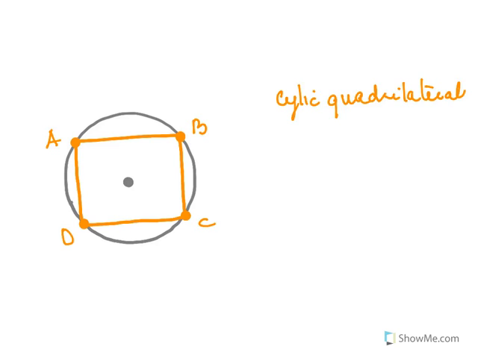We have this diagonal BD passing through the center, and because this is a diameter, we know this angle is 90, an angle in a semicircle. And this also will be 90, because this is an angle in a semicircle. So we have angle A equal to 90 and angle C also equal to 90.